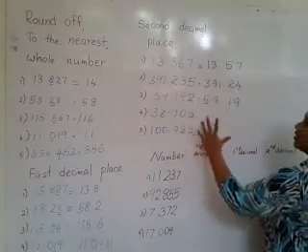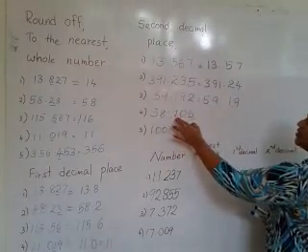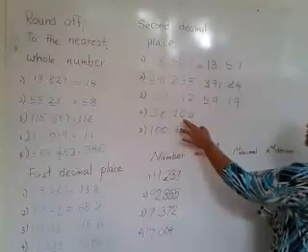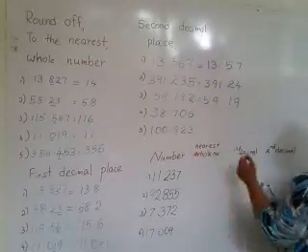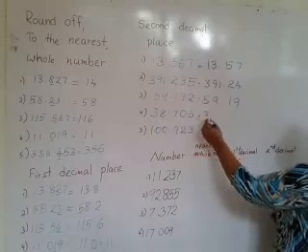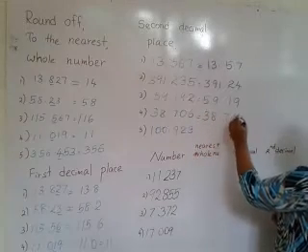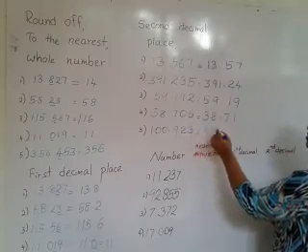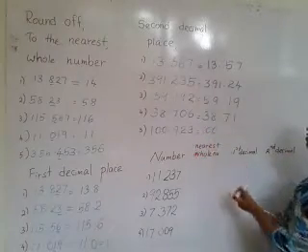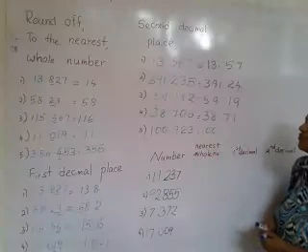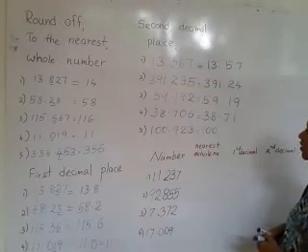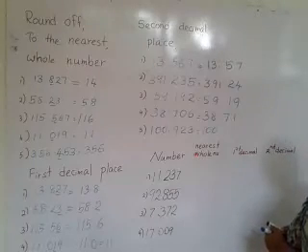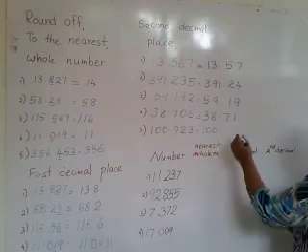The numbers in between are 38.70 and 38.71. It is closer to 38.71. The other one is 100.923. The numbers in between are 100.92 and 100.93. So it is closer to 100.92.